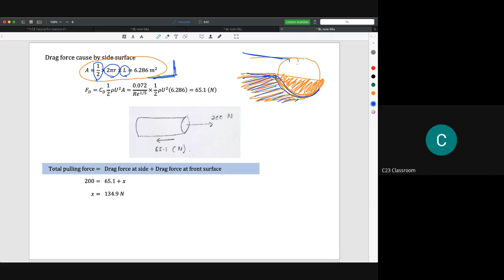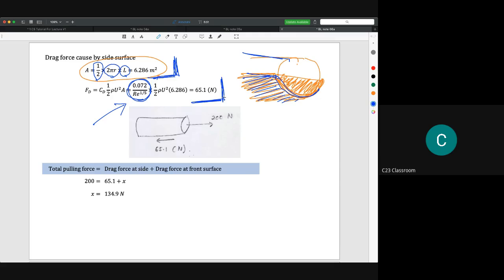When you answer the final exam and also tests, please use up to 3 or 4 decimals, showing that you are very precise in calculation. Here, for example, it is just 6.2 square meters. So we substitute into this equation. We use the CD for the 1/7 power law because it is turbulent, and then we get the total drag force here is 56.1.